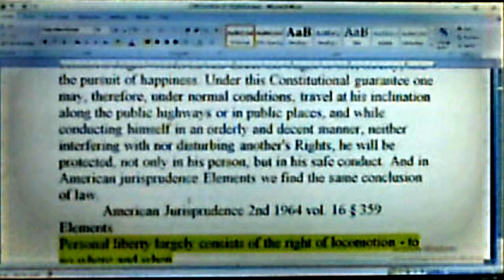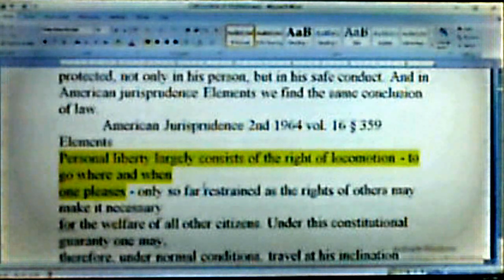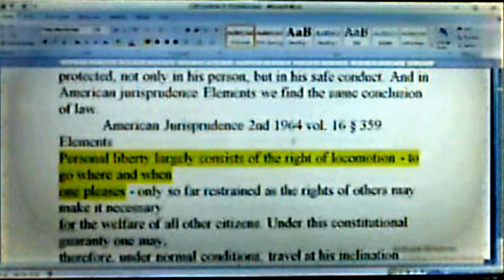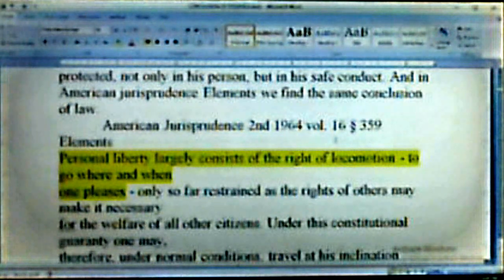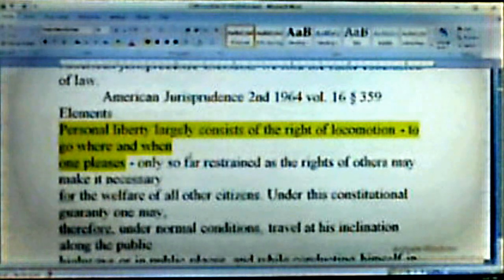We've got another section of American Jurisprudence, which again is constitutional law, and this is American Jurisprudence 2nd, 1964, Volume 16, subsection 359, Elements. And again, it deals with personal liberty.